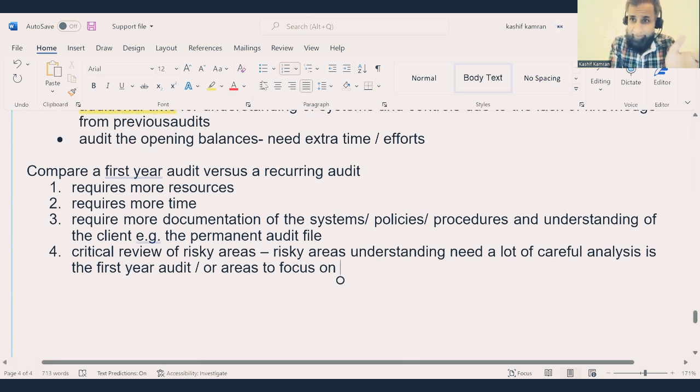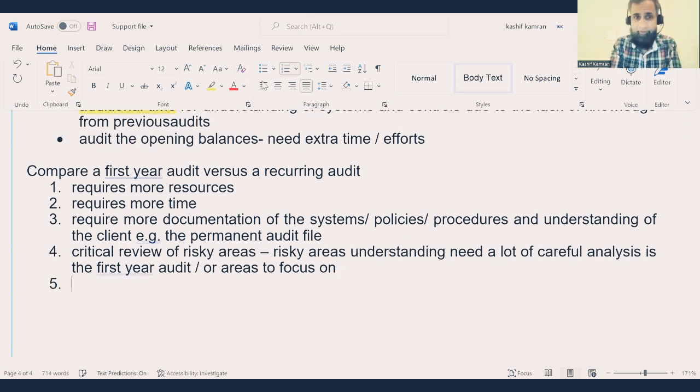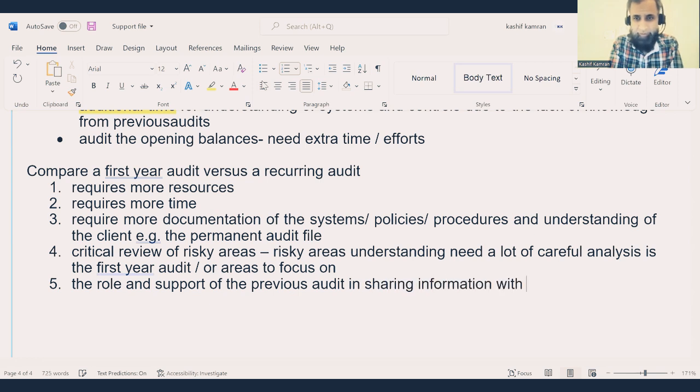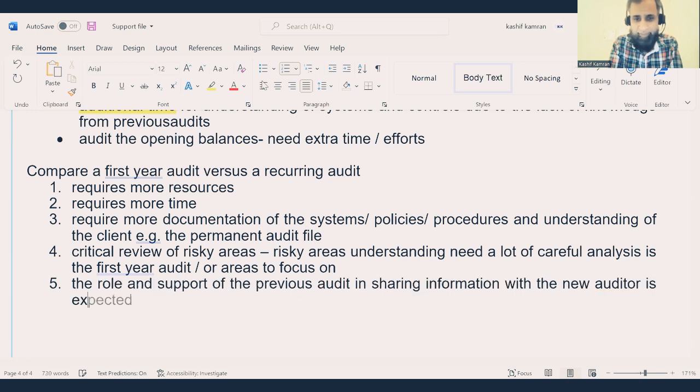When you are comparing the first year audit with the recurring audit, the role and support of the previous auditor in sharing information with the new auditor is extremely important, because the previous auditor will tell you where to focus.